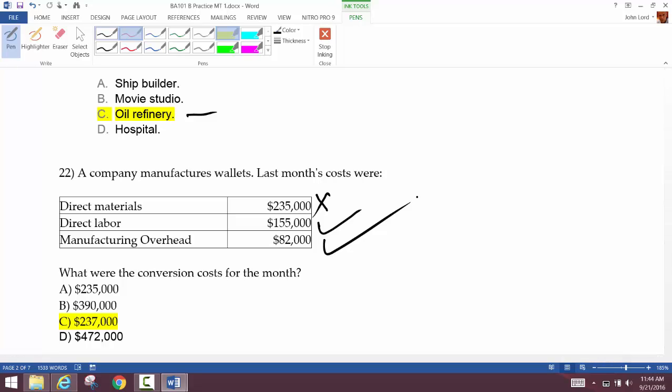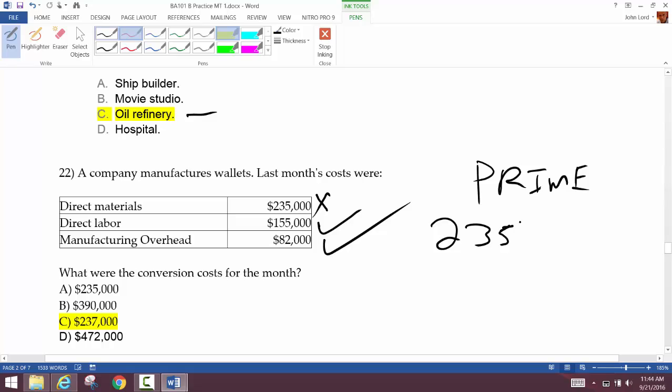Now, if I asked you what the prime costs are, what would you do here? Well, instinct should tell you that now I've got to pick up direct materials. We've got prime cost, we've got conversion cost. Direct materials are a prime cost. Are either of the others a prime cost? Yes, they are.